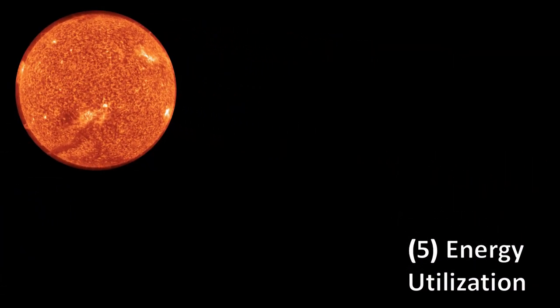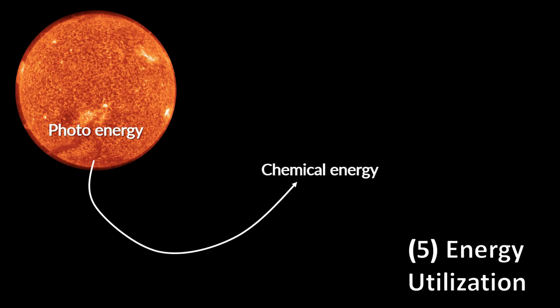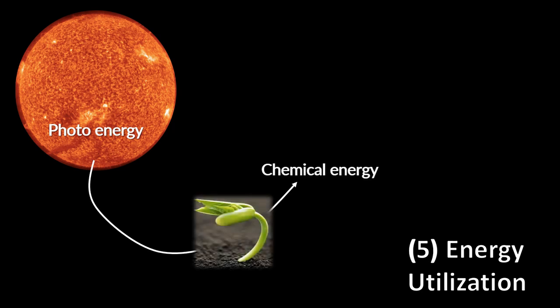Most of the energy that life uses on our planet actually comes from the sun. And that photo energy from the sun is then transformed into chemical energy in plants, which the plant can then use to sustain its life.